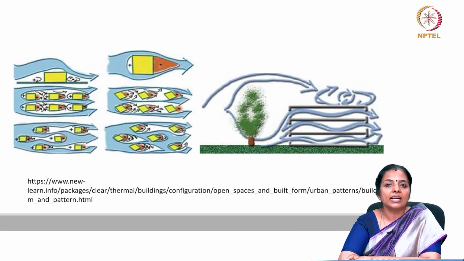Orienting buildings at an angle in relation to the wind direction can produce relatively homogeneous wind patterns around them, thus creating better ventilation regardless of the relative position of buildings within the built-up arrangement.